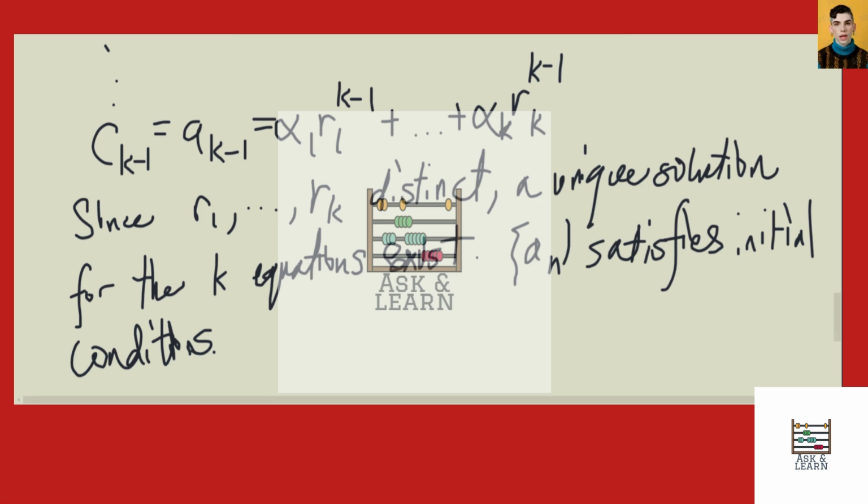And now we know that the sequence, I suppose I should write this differently, this is the sequence alpha 1 r1 to the n plus alpha k rk to the n satisfies the initial conditions.